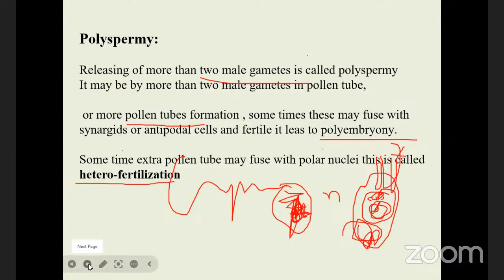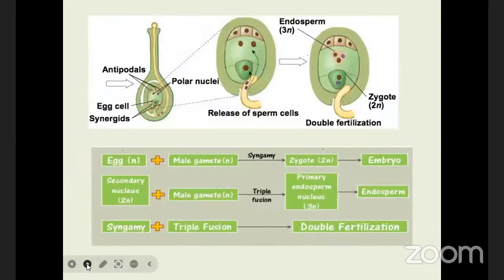If more pollen is released, if more gametes are released in the embryo sac, or if more pollen tubes germinate and enter into the embryo sac, or a pollen tube may fuse with the synergid or secondary nucleus, the polar nucleus. These three ways give a chance of polyembryony.